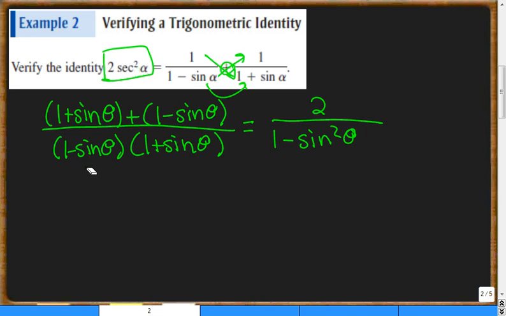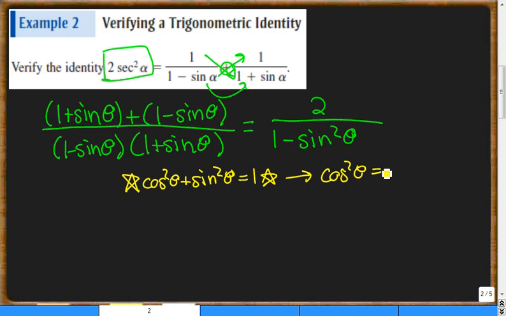Well, remember, I'm trying to turn it into secant squared. Secant has something to do with cosine, so that gives me a hint that I need to turn this into something involving cosine. Well, I have an identity that says cosine squared theta plus sine squared theta equals 1. So it follows that cosine squared theta is going to be 1 minus sine squared theta.